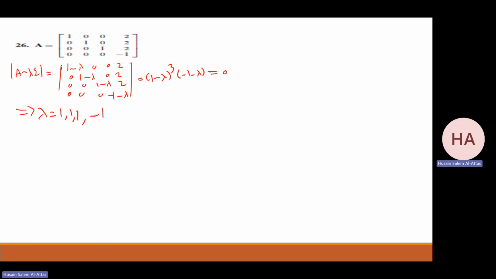Now for lambda equal minus 1, let me go with the easy one. Lambda equal minus 1, what will I get? I let V1 be K1, K2, K3, K4 and I solve the system.